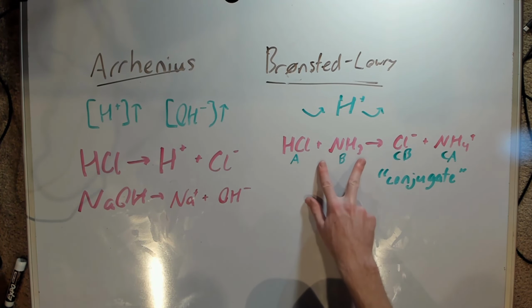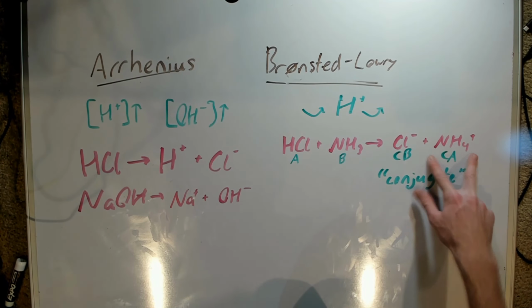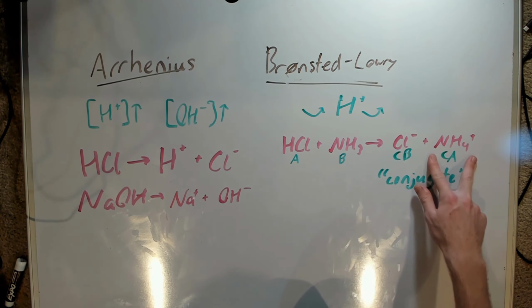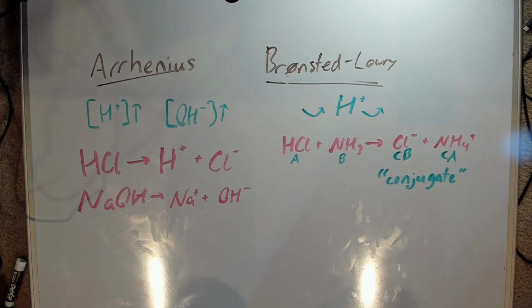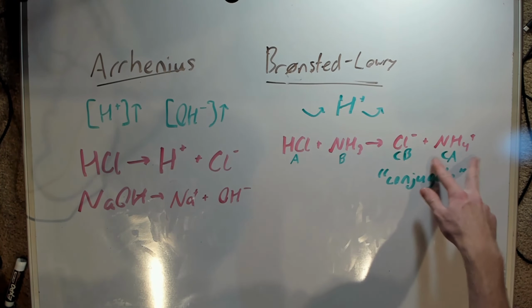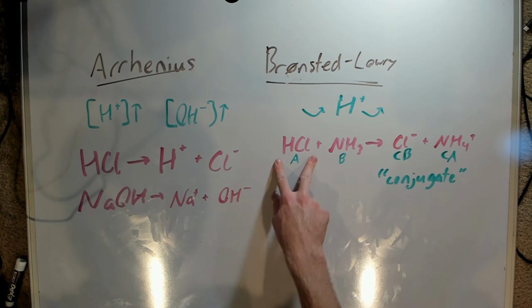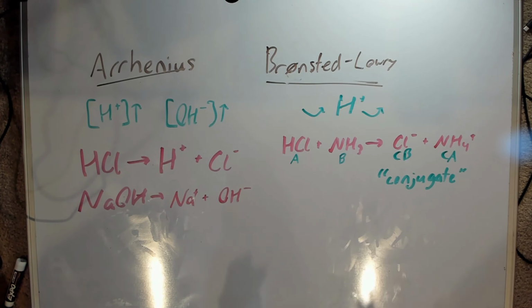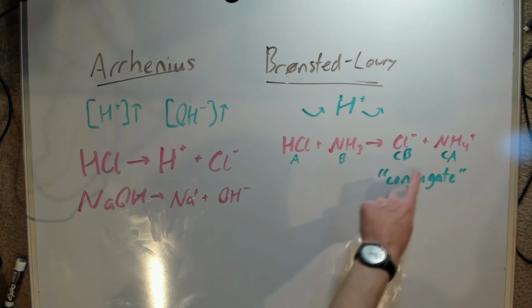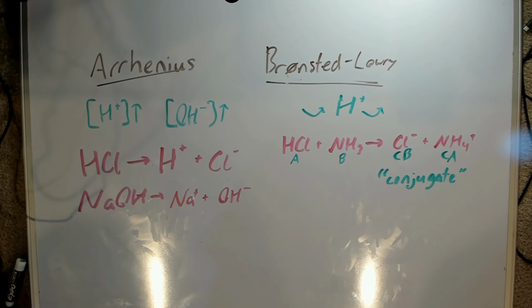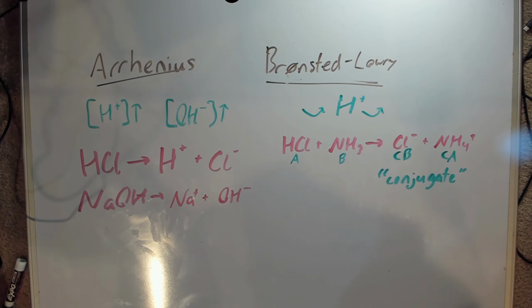The conjugate of ammonia will always be ammonium, turning a base into a conjugate acid. Notice how every single time we have a base that becomes a conjugate acid, and then an acid that becomes a conjugate base. I mean, it only makes sense, because if you give up your hydrogen, now you can accept a hydrogen again, which would be the exact opposite of what you just did, making you the exact opposite of what you were before.